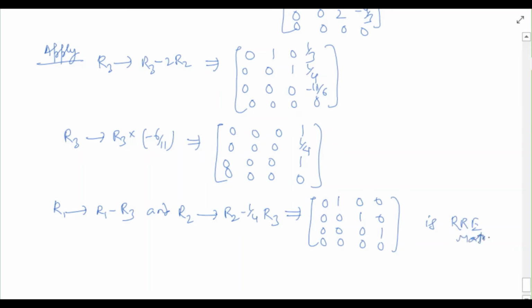So we saw how we could apply a sequence of elementary row operations to convert A to its equivalent reduced row echelon matrix.